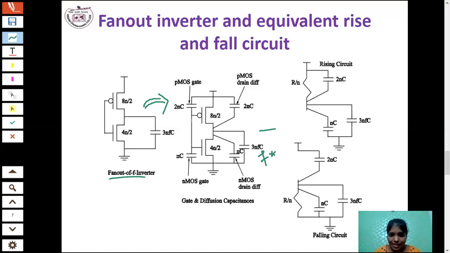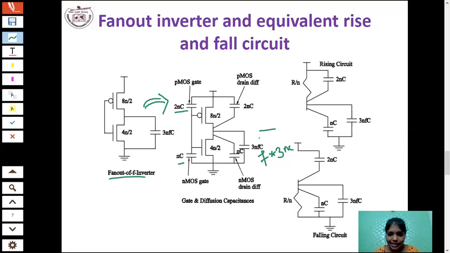What is the input capacitance? In the CMOS circuit, we apply the input capacitance at the gate terminal. You have to add these two values. 2NC plus NC means you will get 3NC. So that is 3NC into F. That is, the load capacitance value is F times 3NC. Don't get confused about how 3NC comes.